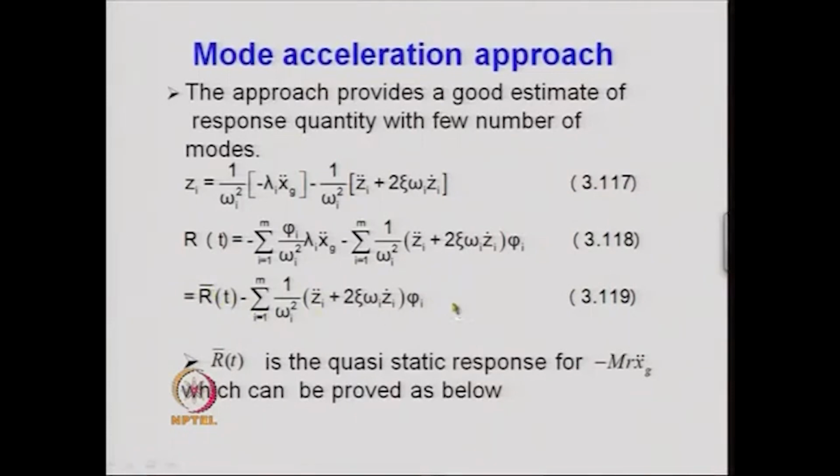And then we consider a number of modes less than the total number of modes, and we can choose maybe the first 5 or 10 modes of a structure over here.